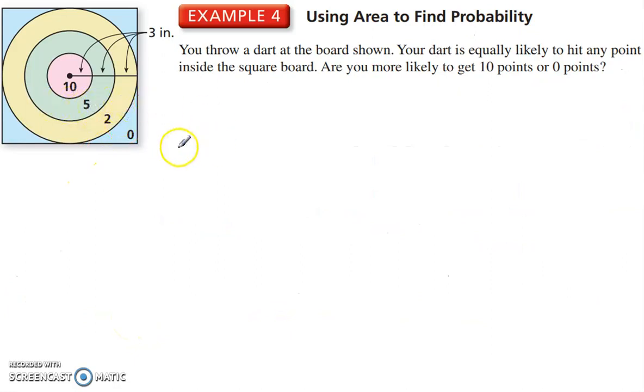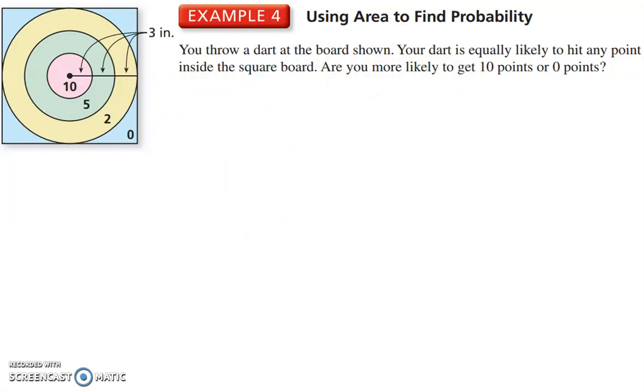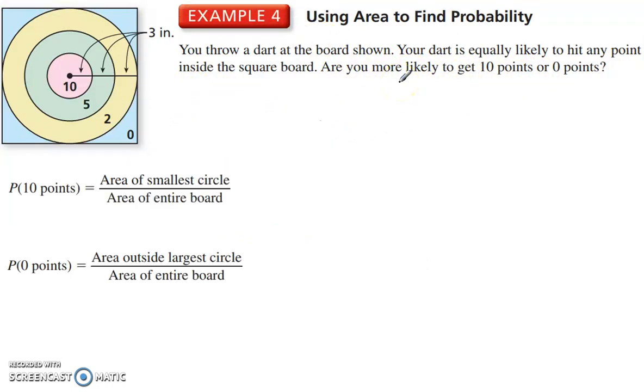Okay, now using area, this can be a little bit tricky. If I want to find the probability of hitting the 10, well, then I have to find this area compared to the entire area. So I would write my fraction, say the small area with the 10 there compared to the entire area of the dartboard. Right, that would be my probability. The center, the 10 right here, and this is the entire dartboard, part to whole. Now, if we want to compare these, which one are you more likely to get, then we have to find each one of those individually.